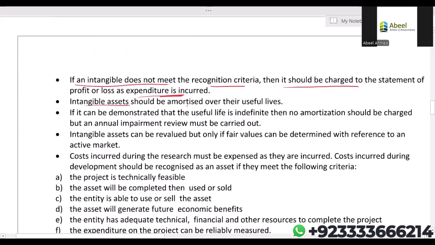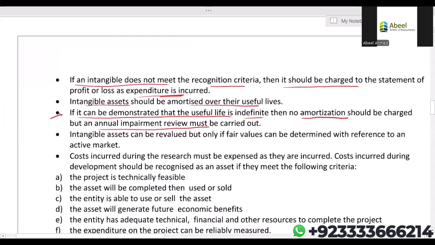Intangible assets should be amortized over their useful life. If your intangible asset has a specific life, then it will be amortized over its useful life. If it cannot be demonstrated, then useful life is indefinite. Then no amortization should be charged, but an annual impairment review must be carried out.